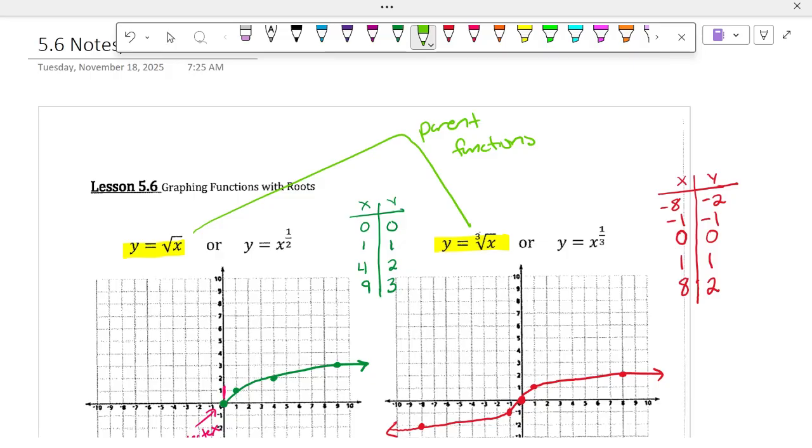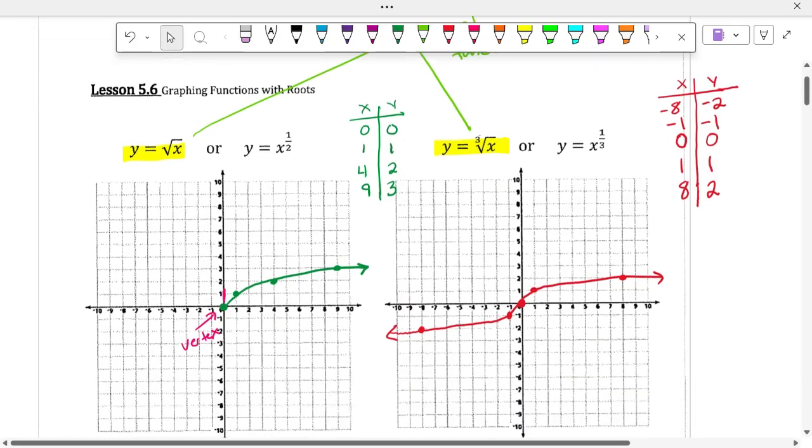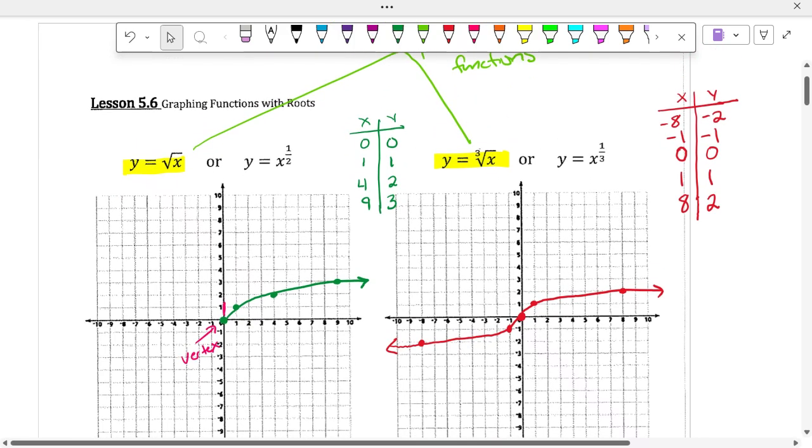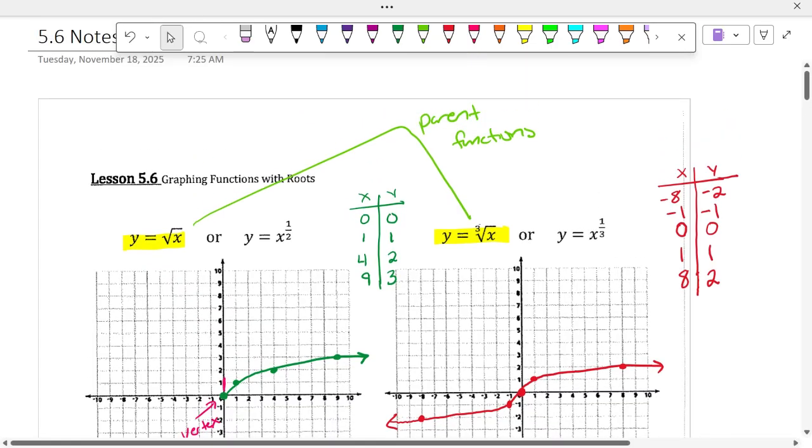Does anyone remember what I meant by parent function? It's the original. So in other words, any other square root function, we're doing some form of transformation to this square root function. Any cube root function, we're doing some form of transformation to the original cube root function. These are the originals.